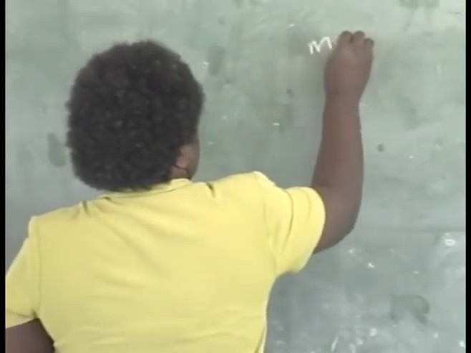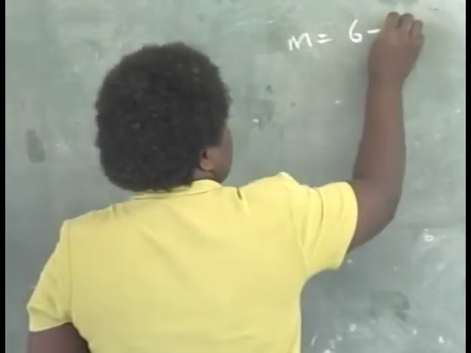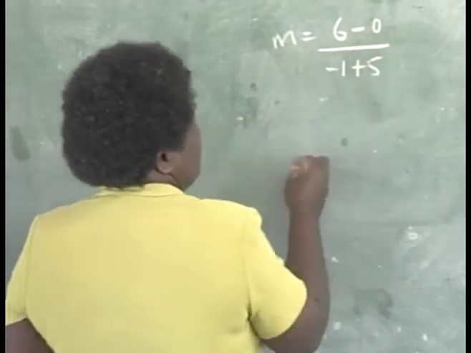Letter N, Natasha. Y equals 3 on 2x plus 7.5. Minus 4 on minus 6 is 2 on 3. What's the y-intercept? Is it 7.5? The gradient is 6 minus 0 over negative 1 plus 5. That's minus negative 5.